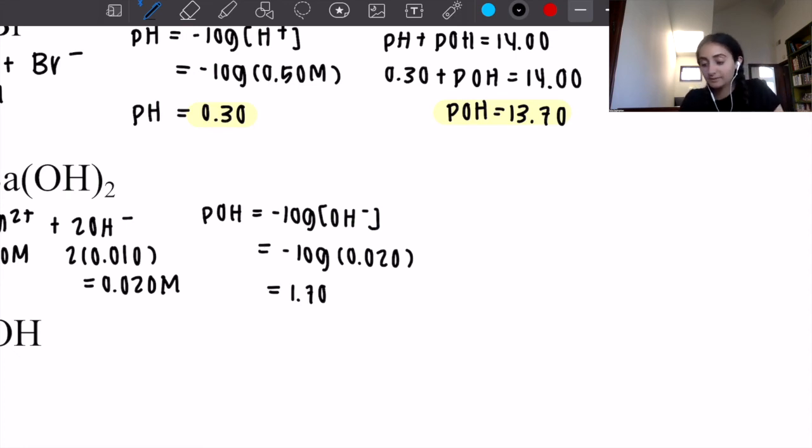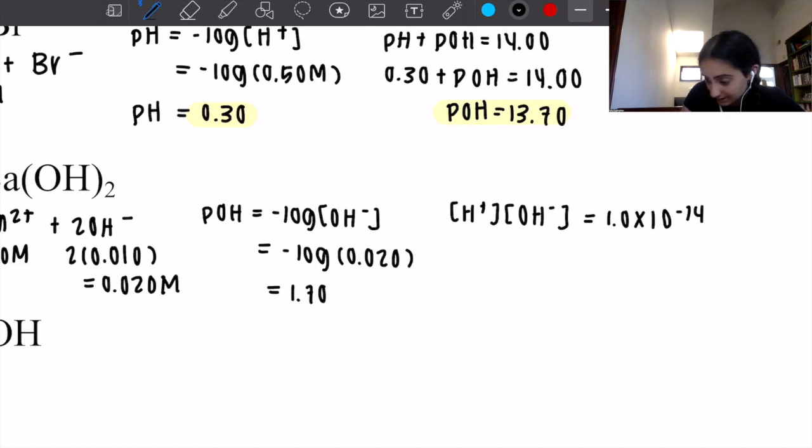Now I'm going to use a different method to calculate my pH. I'm first going to calculate my concentration of hydrogen. So we know that the concentration of hydrogen times the concentration of hydroxide is going to equal 1.0 times 10 to the negative 14th power. So the concentration of hydrogen times 0.020 is going to equal 1.0 times 10 to the negative 14th.